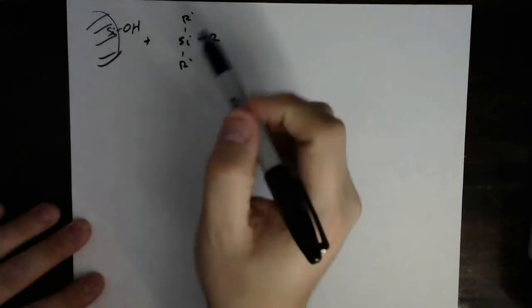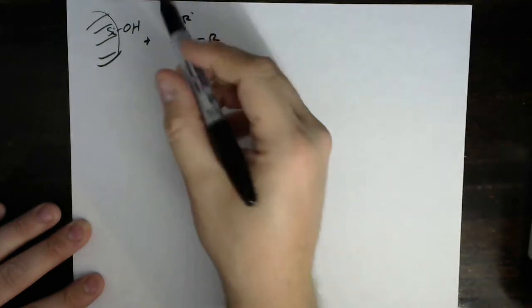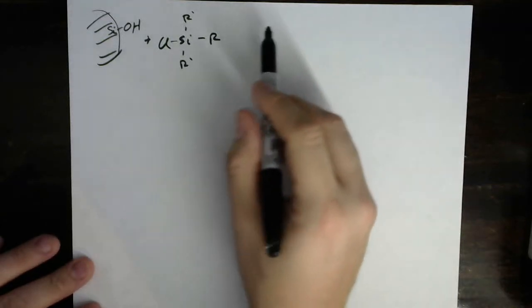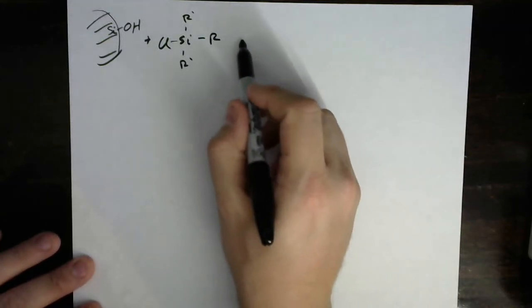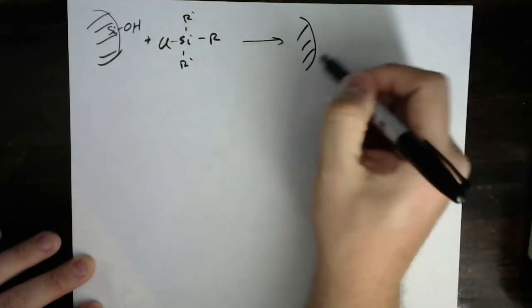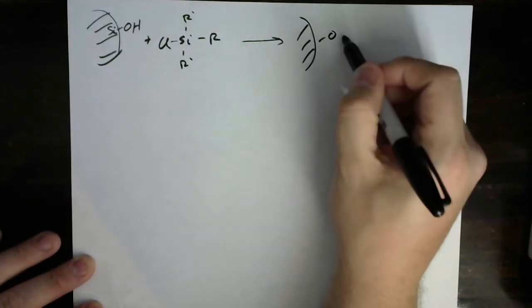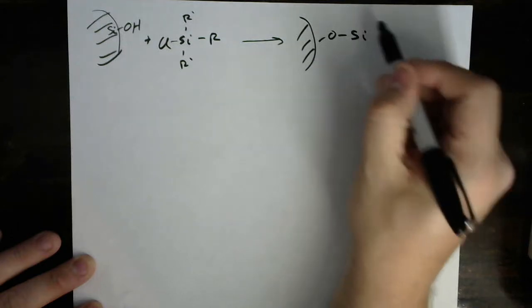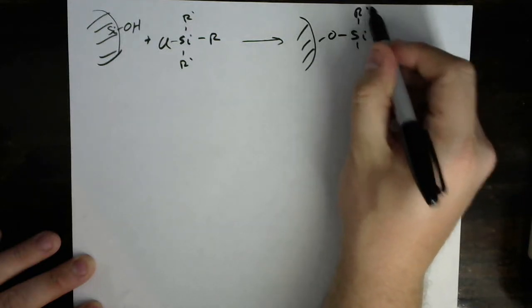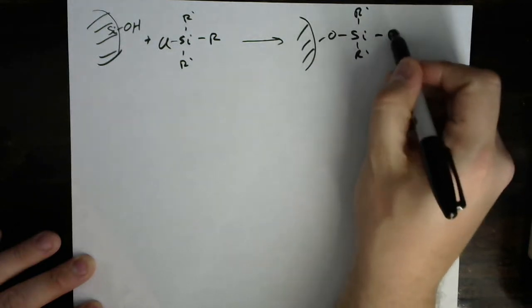That's going to take a little while to develop. But imagine that one of these substitutions is a chloride. It turns out that chloride's a pretty decent leaving group here. I'm not pretending like I know reaction chemistry. I really don't. But I do know that in this case, that chloride will leave happily. And so what we'll end up with is our surface, there's the O, and we're going to get that silicon with its respective R groups.